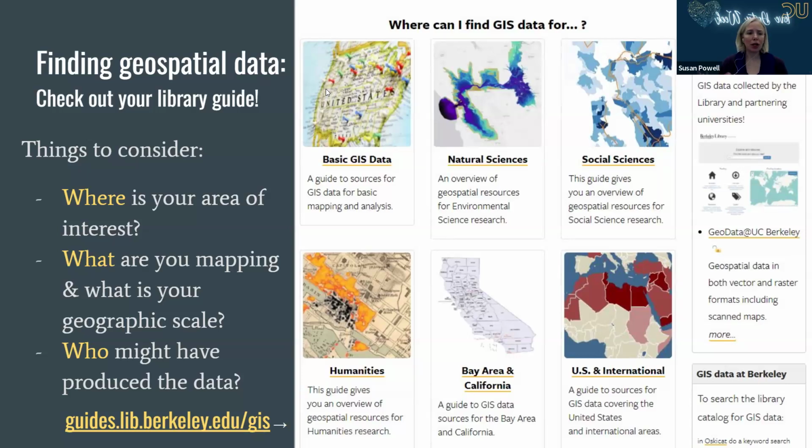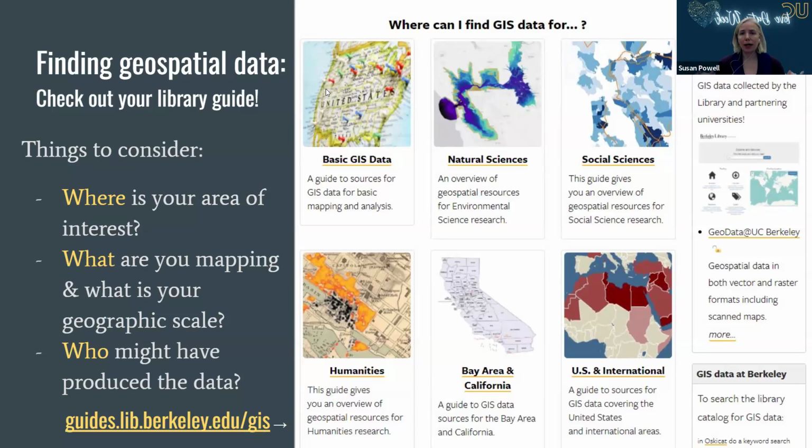Another question is, what is your geographic scale? So maybe you're interested in the state of California, but do you need to represent that data at the county level? Are you interested in mapping it at a smaller level or a more individualized administrative level?